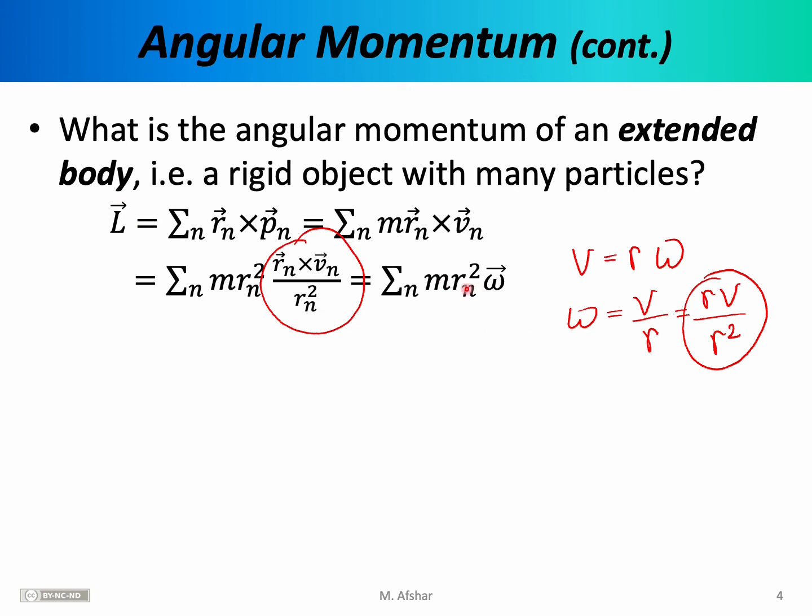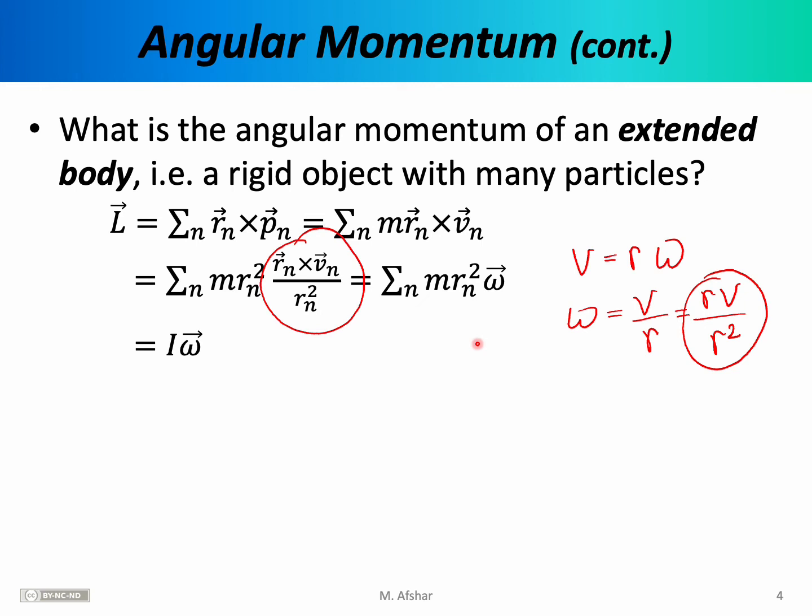And of course, this expression here, m r squared, should look very familiar to you. If you remember, we defined the moment of inertia of an object as m r squared. More precisely, if you have an extended body and you want to know how quote-unquote difficult it is to rotate, you have to calculate its moment of inertia.